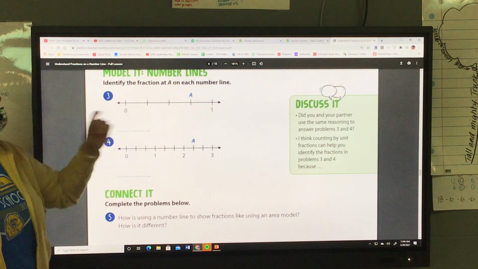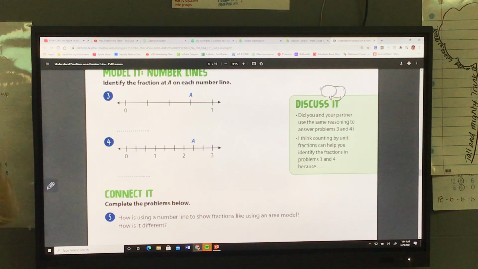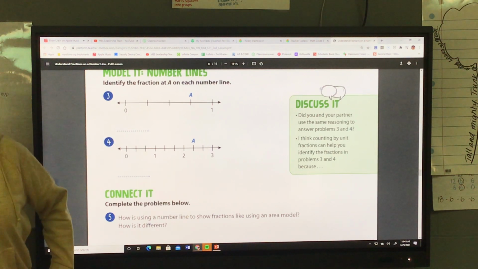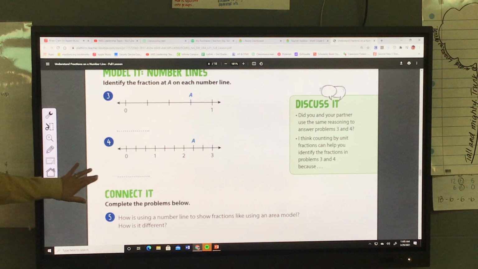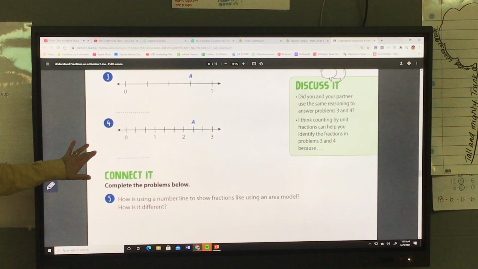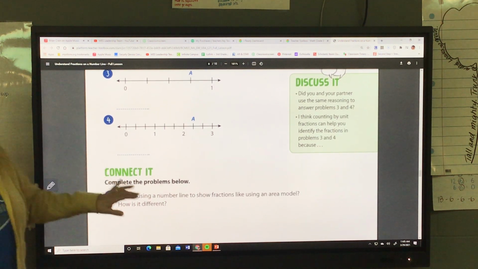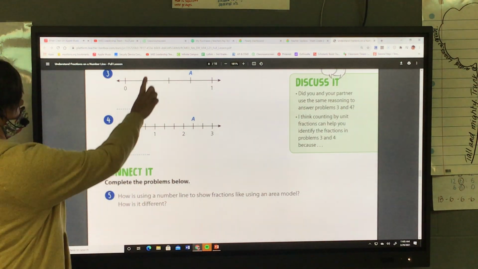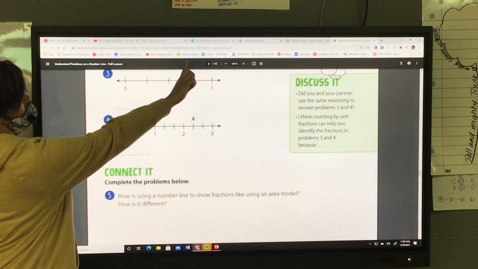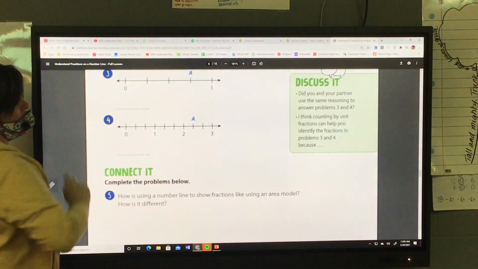So where is A located on the number line? Write the fraction where A is. What did you write? 3/4. Because it's on 1/4, 2/4, 3/4.